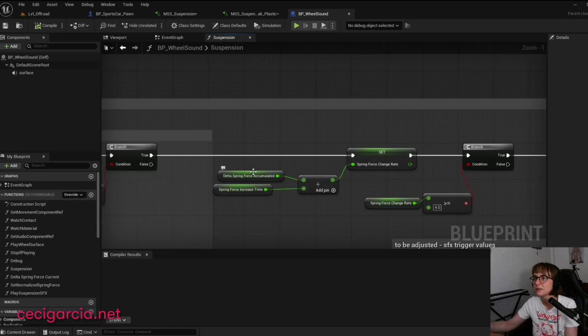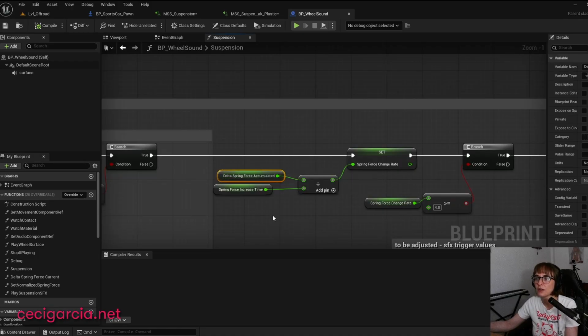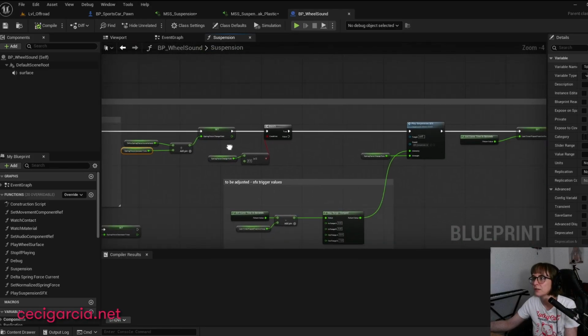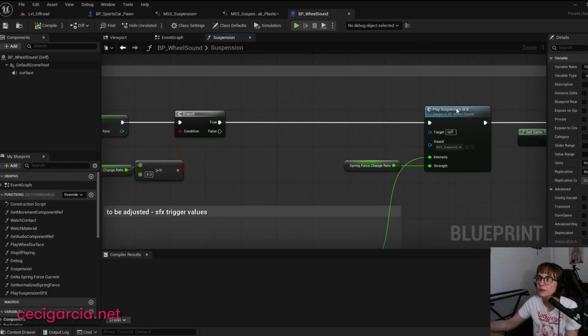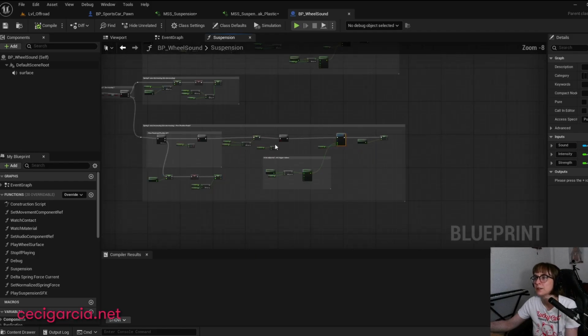It is the accumulated spring force change, since it started increasing until it reached the peak, or decreasing until it reached the negative peak, divided by the accumulated time it took to increase or decrease. You get this spring force change rate that is sent to the MetaSound.